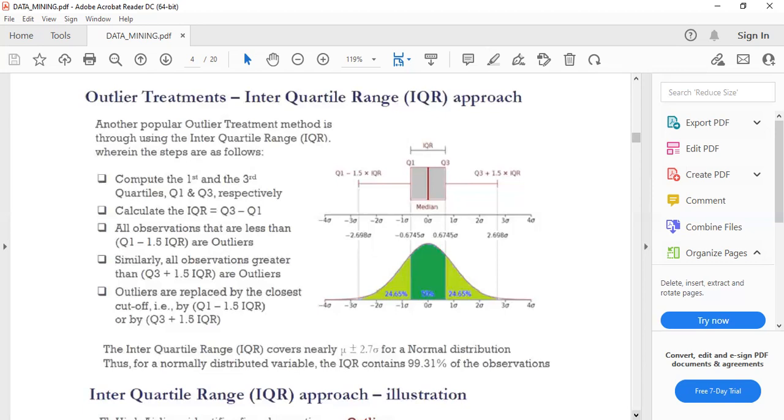The interquartile range covers nearly mu plus or minus 2.698 sigma.